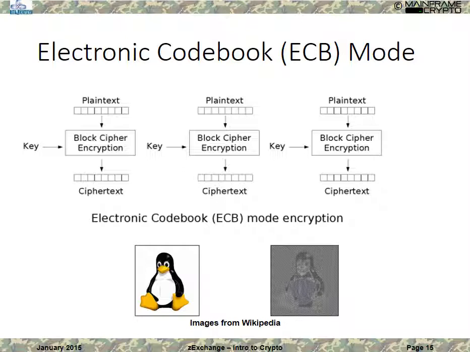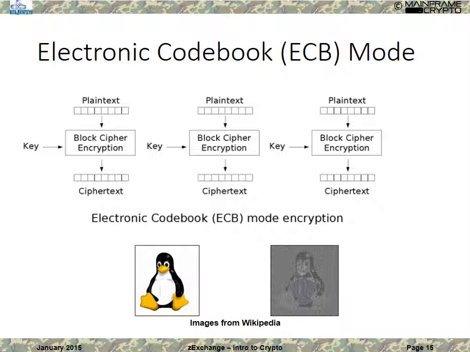And then you would go to the next 8-byte block and apply the same key. Now, the problem with that is if you encrypt 8 bytes of data with a key and then you encrypt the same 8 bytes in another block later on, you're going to get the same ciphertext.